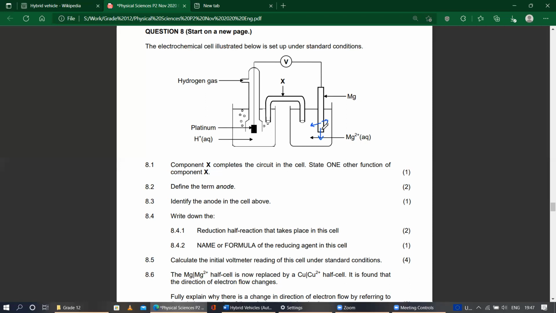And the salt bridge helps to transport those electrons. So basically, when Mg becomes Mg2 plus, it's gonna lose 2 electrons, right? So it's gonna lose 2 electrons. Those electrons will be transported via the salt bridge to the platinum.